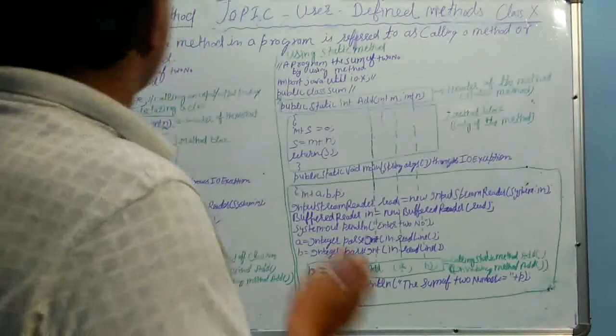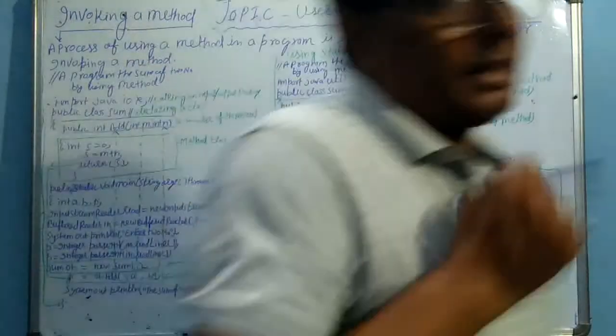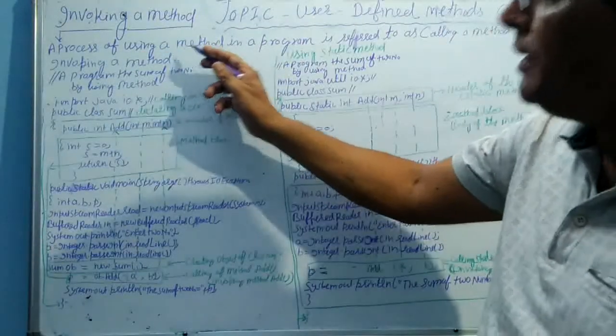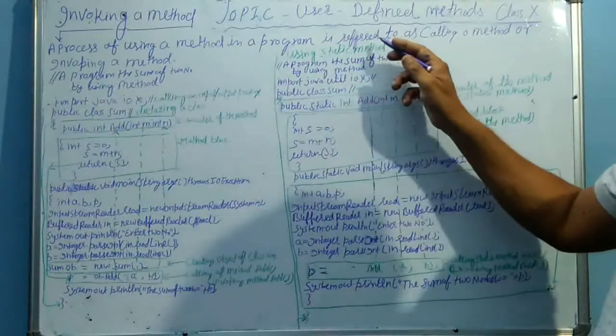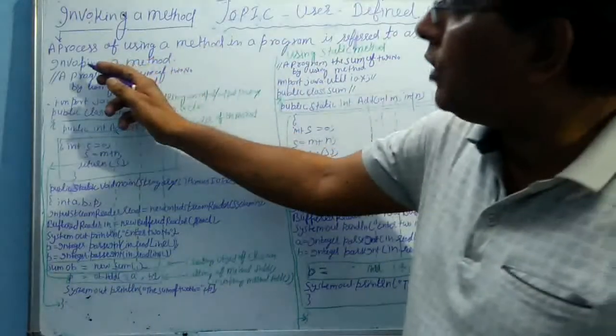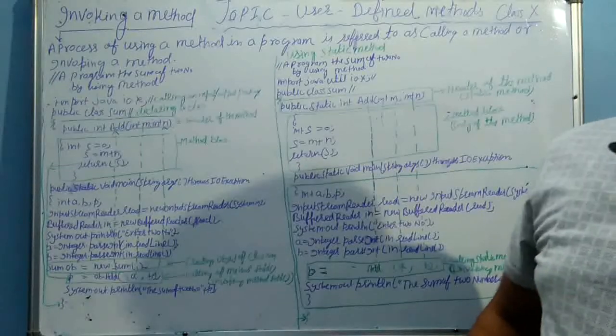Now we will discuss the invoking method. What is invoking a method? The process of using a method in a program is referred to as calling a method or invoking a method. You understand?